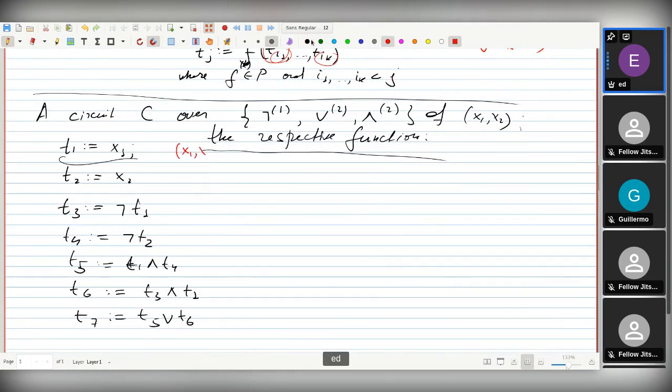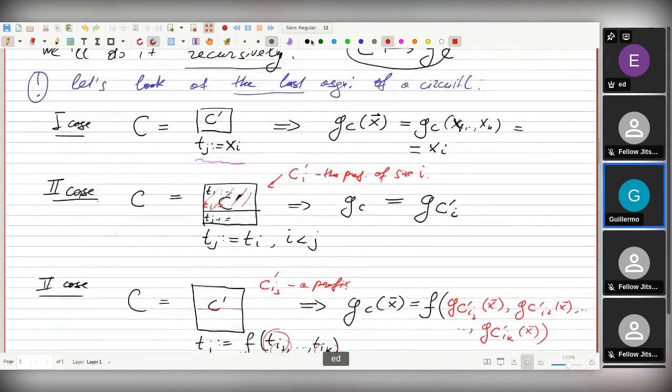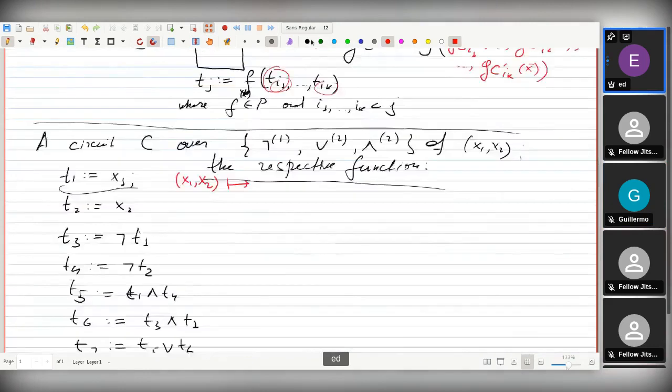It is the projector function that maps a pair x1, x2 into x1. It is a projector that maps a pair to its first coordinate. What about the second line? It maps to x2.